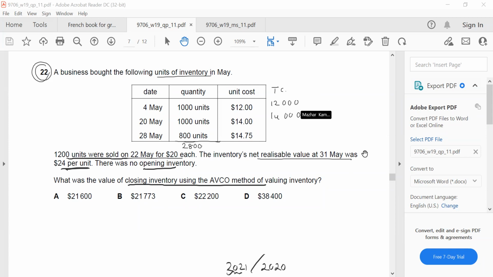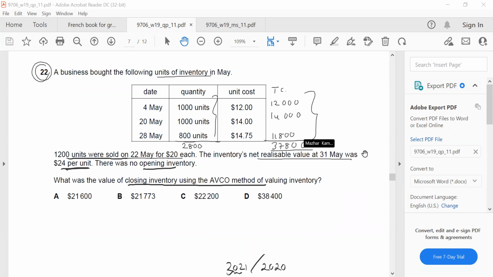And the third one would be 14.75 into 800, 11,800. So it is 12,000 plus 14,000 plus 11,800, coming up to 37,800.